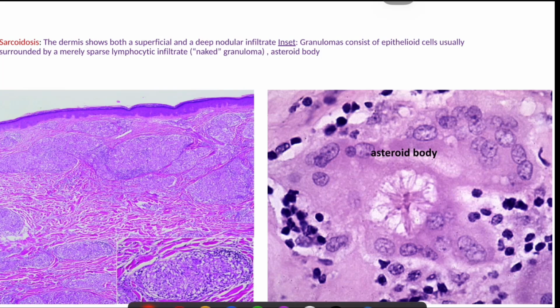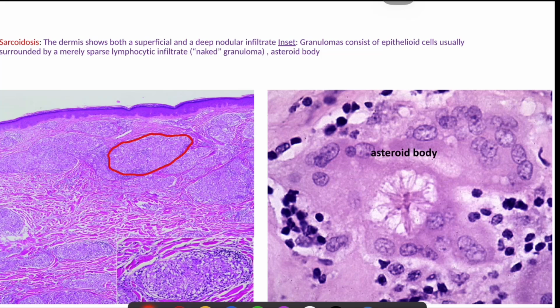Sarcoidosis, where you can find granuloma which is having epithelioid cells, and these epithelioid cells are having very less amount of lymphocytes. So this is called naked granuloma.